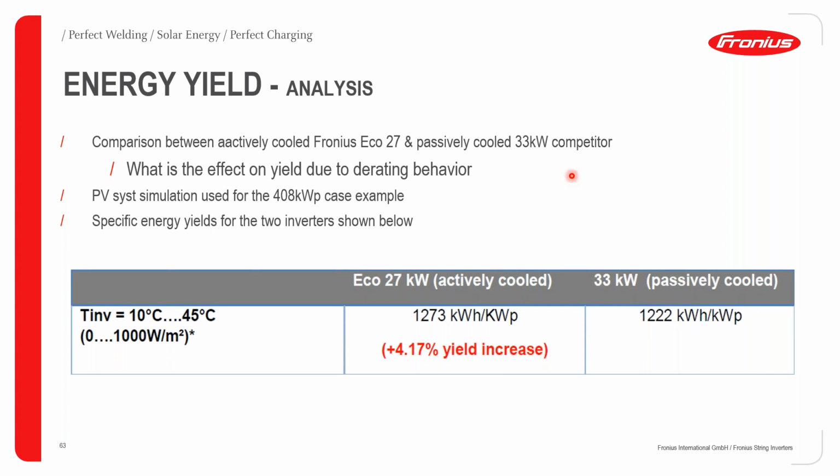So we are talking about a PV system simulation that we had earlier looked at of 408 kilowatt peak. Specific energy yields for the two inverters are shown below. So we can see that the Fronius Eco is giving you an advantage in the energy yield analysis of about plus 4.17% in yield increase.